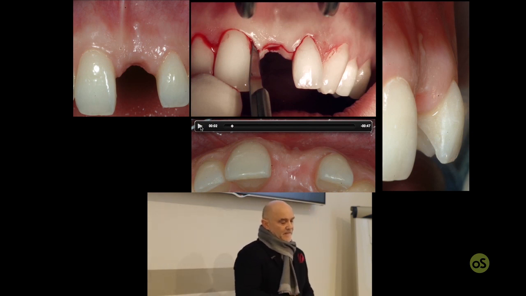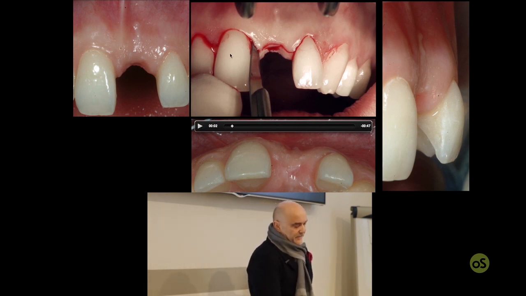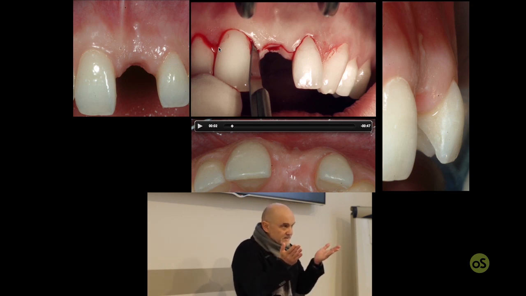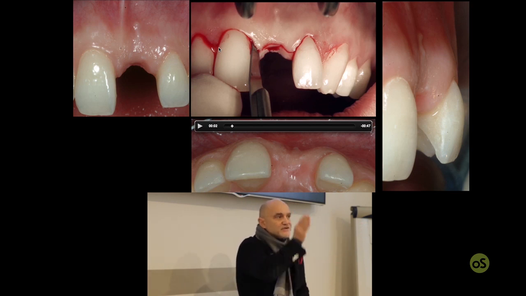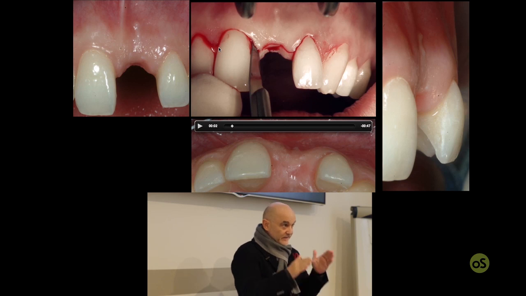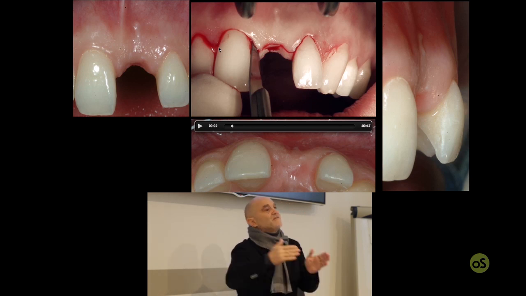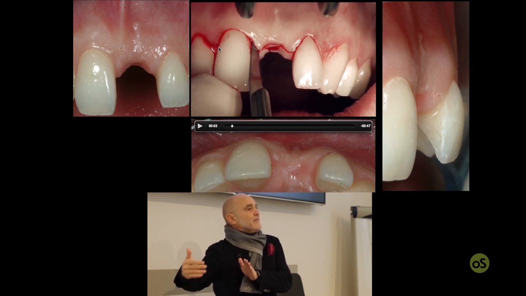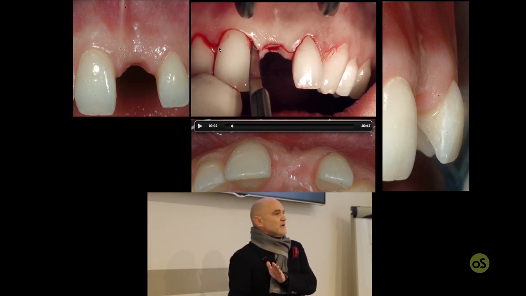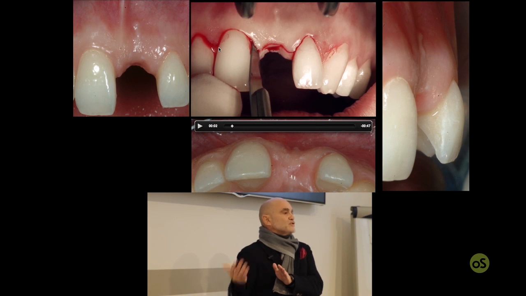What does it mean? We use the adjacent papilla, split thickness, with oblique incisions that are always directed, this time, to the tooth, that is, to the implant site. So the only difference with respect to the treatment we did this morning, which was multiple treatment of gingival recession.